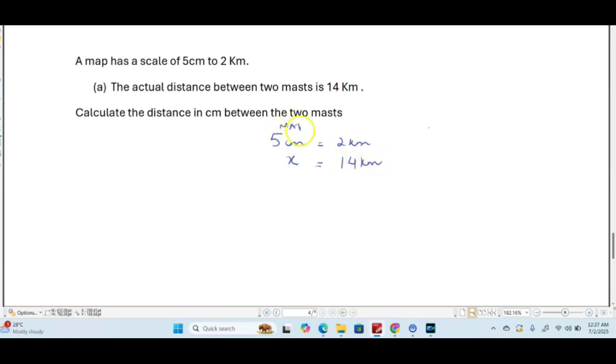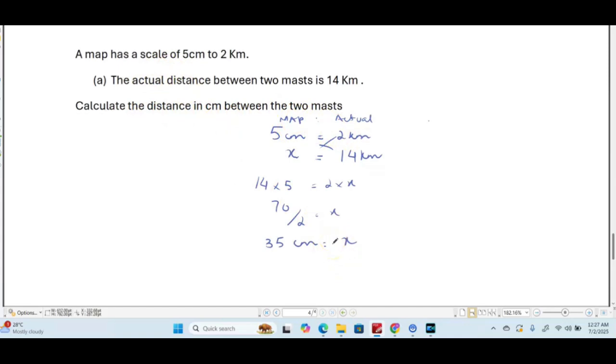So this is map and this is actual. So we are going to cross multiply these. 14 into 5 and 2 into x. 14 into 5 gives us 70 over 2 is equal to x. So 35 centimeter is the distance between two masts on the map. This is how we do it.